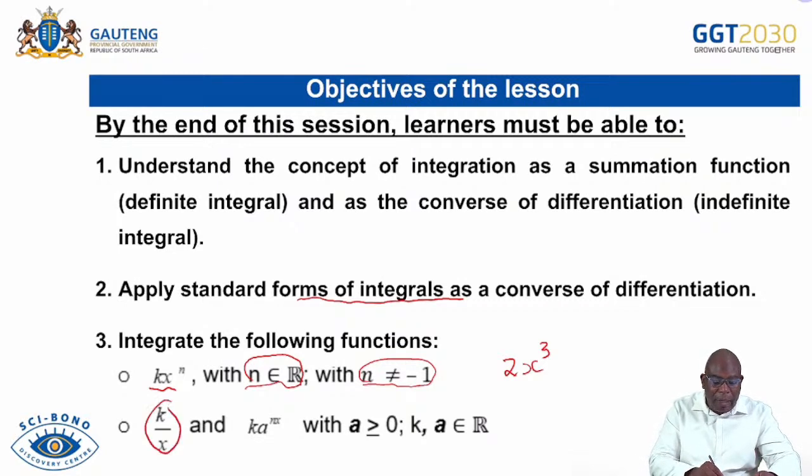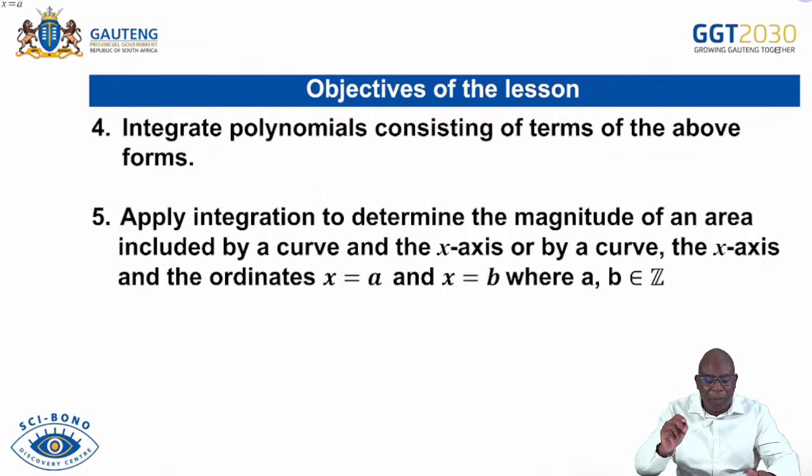The other one will be k over x. So for instance, if I've got 2 over x, we need to know how to integrate that. Number 4, we must be able to integrate polynomials consisting of terms of the above form. So the ones that we have done there, we need to do the polynomials. We need to integrate the polynomials, and then we'll show you the rules there.